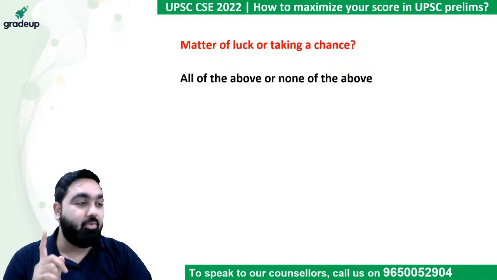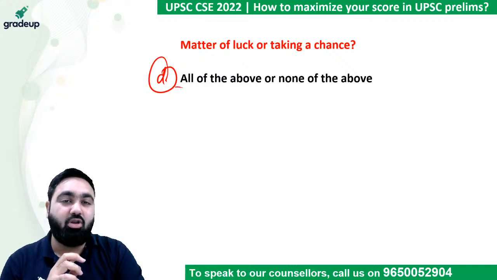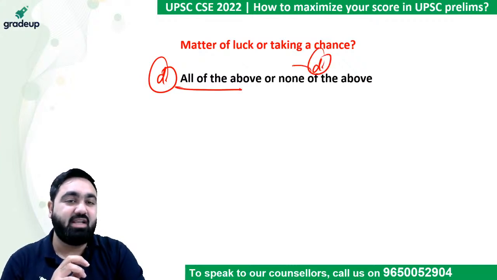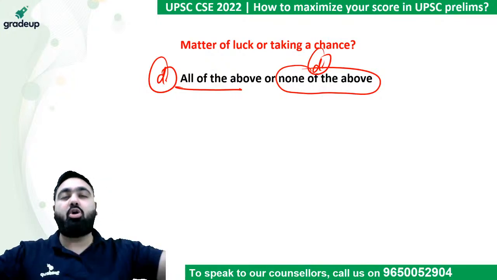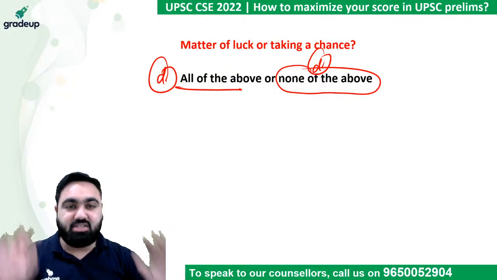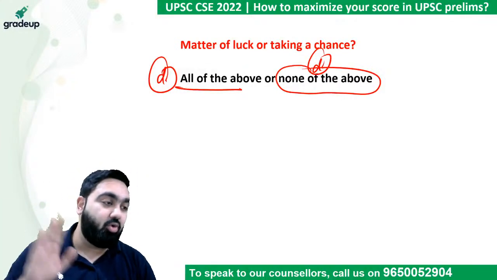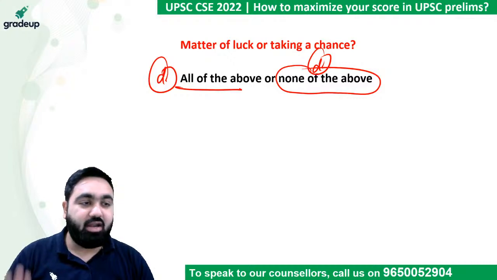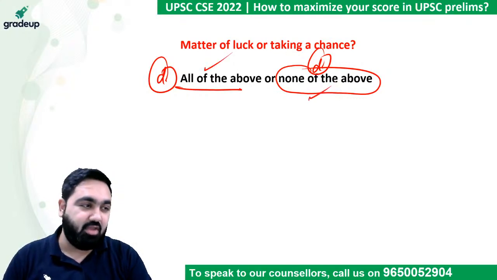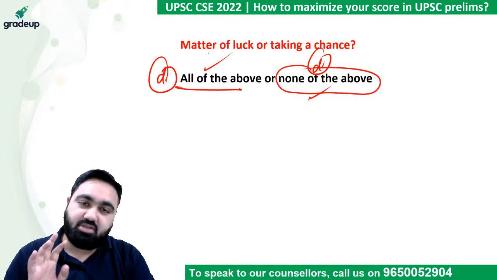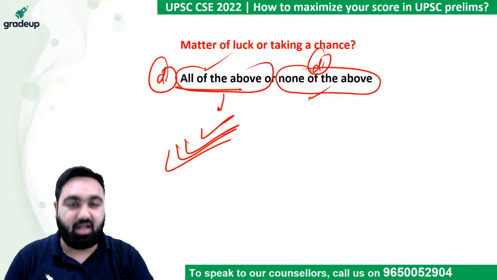Also, one more thing. Many times you have option D like all of the above, and some of the time option D is none of the above. Again, if you have no knowledge about it and you have to take a guess because you have not attempted enough questions, and there is an option all of the above or none of the above, please understand all of the above has a higher chance of being correct.